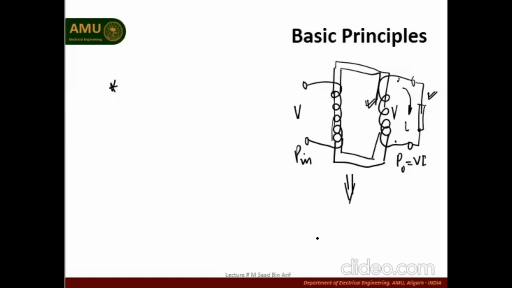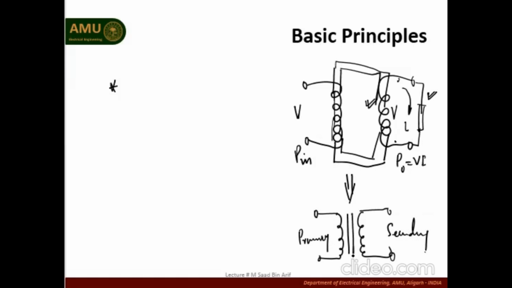Symbolically, transformer is represented like this. We have two coils. This is primary circuit, primary coil. This is secondary circuit, secondary coil. And if we consider air core, then there is no need of representing anything over here. If we want to represent an iron core transformer, or a core made up of any material, then we will demarcate that core by parallel lines.